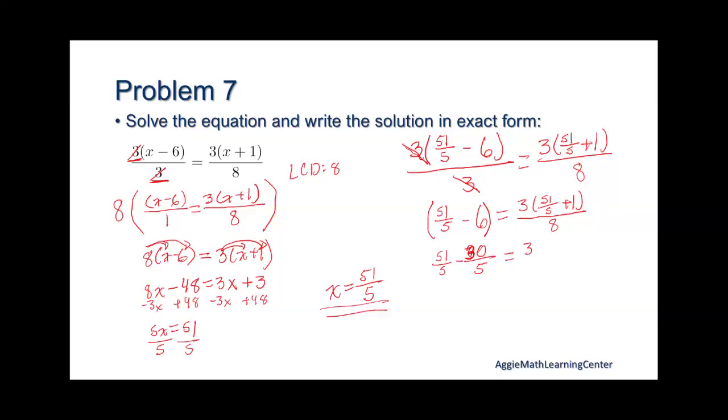And then you get 3 times 51 over 5 plus 5 over 5 all over 8. So 51 minus 30 is going to get us 21 fifths. And here we get 3 times 56 fifths over 8.